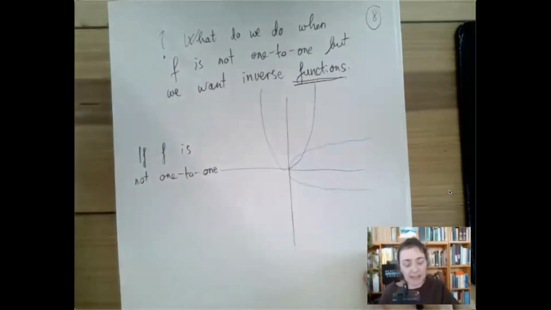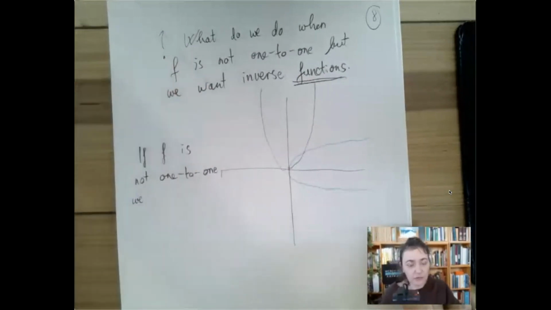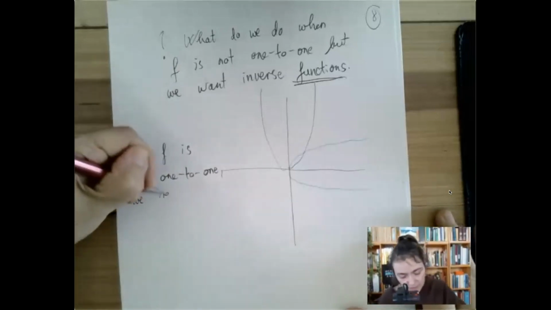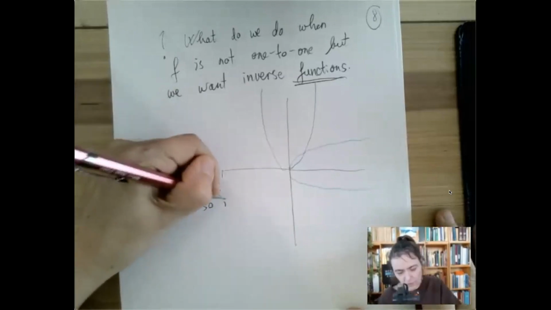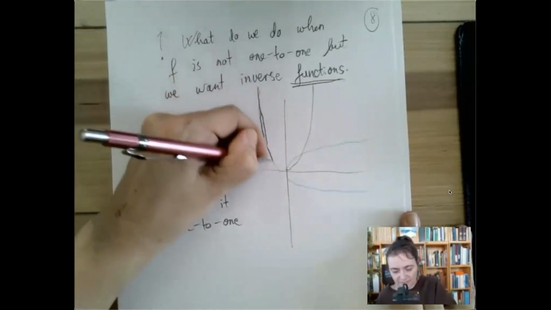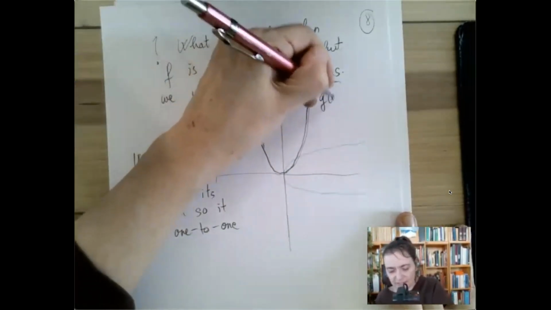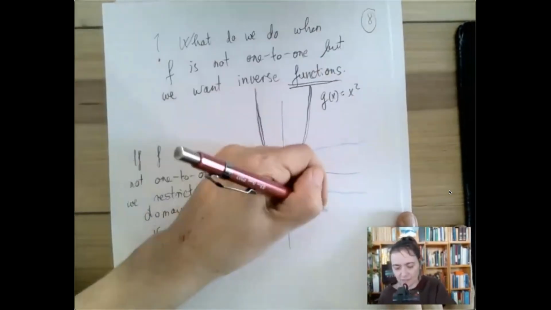So basically, if f is not one-to-one, we restrict its domain so that it is one-to-one. And it's probably the biggest one we can keep, and it is one-to-one. So this is step 1. This we call g of x equals x squared, and the inverse relation.